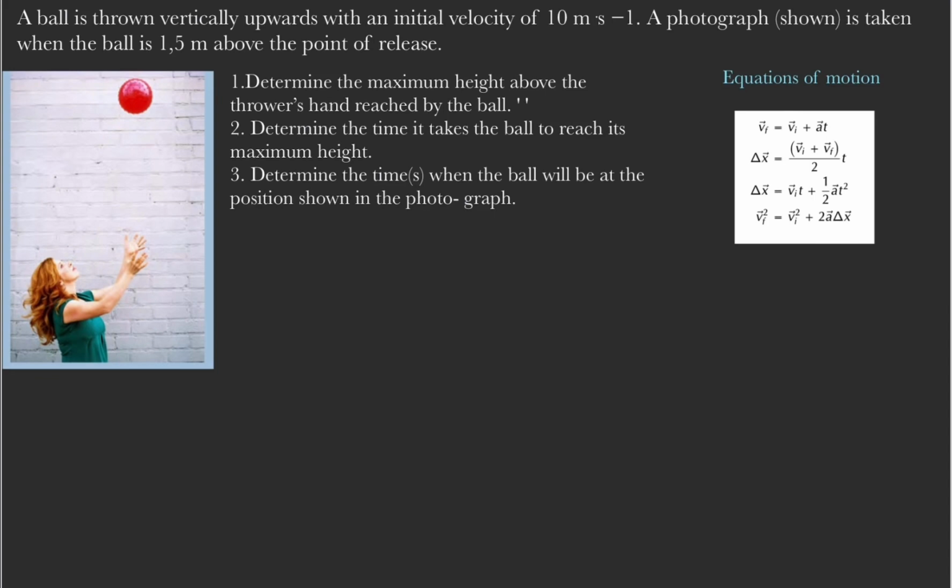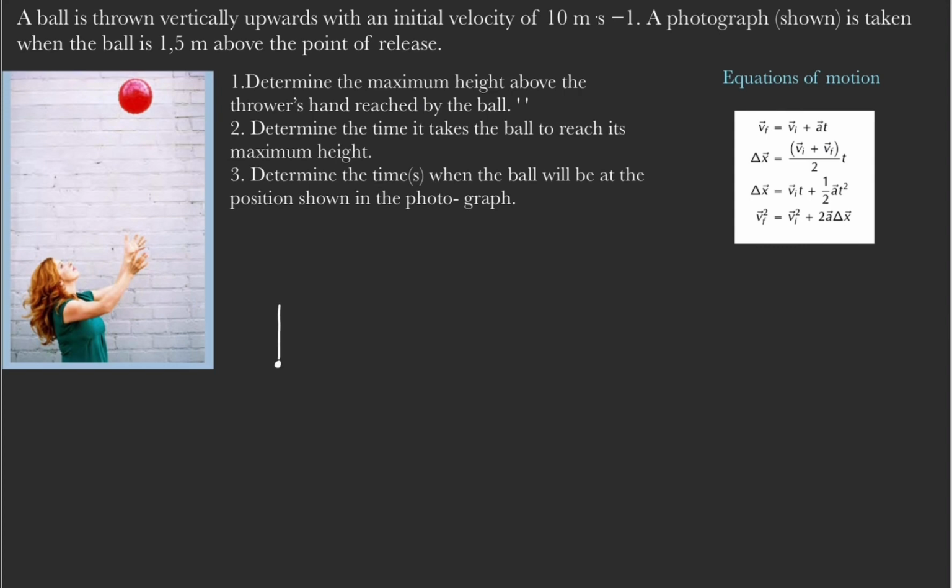So we are told that a ball is thrown vertically upwards with an initial velocity of 10 meters per second. The first thing you need to do is write everything that you are given, in other words, outline the information given in the question. We know that this is a vector, so we can represent it by a point and a line going upward.